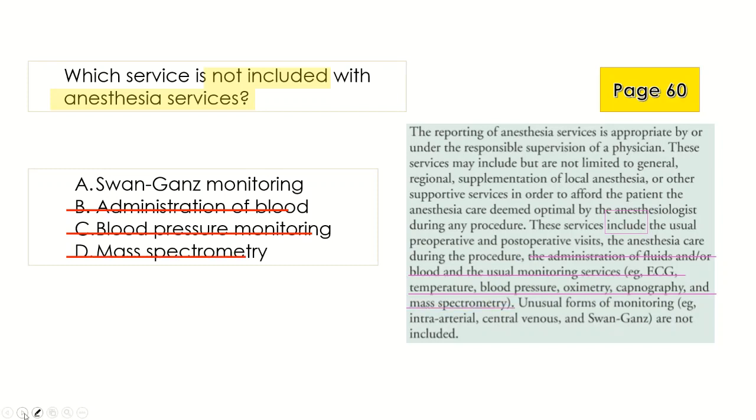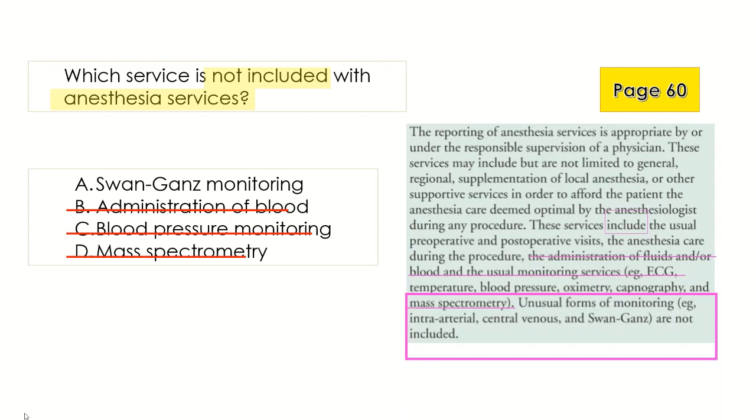Okay? Unusual forms of monitoring, for example, intra-arterial, central venous, and Swan-Ganz are not included. So if they tell you that they had to install a central venous catheter on a patient and they ask the anesthesiologist to do it, you can code that.